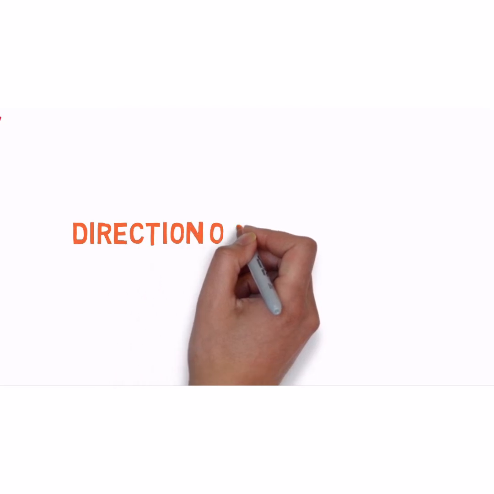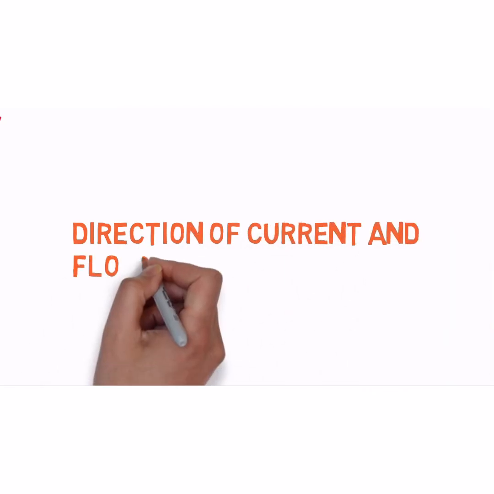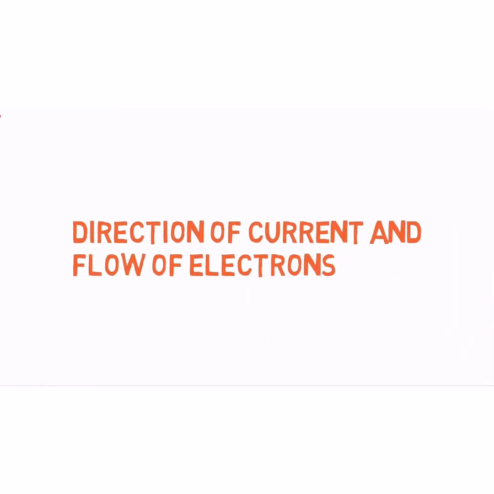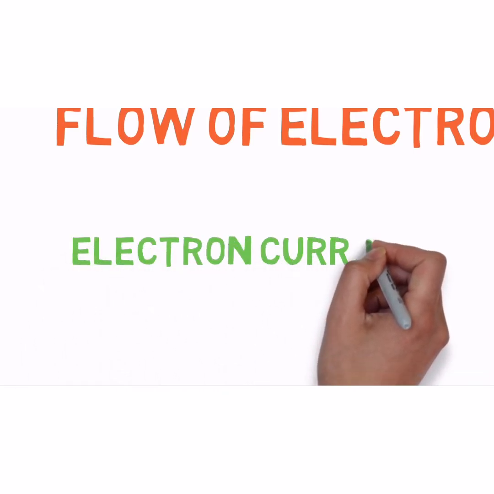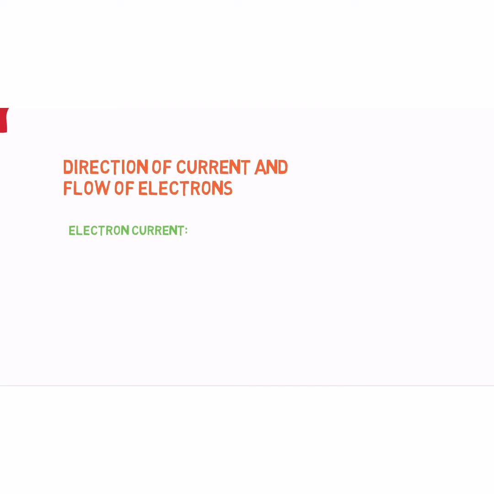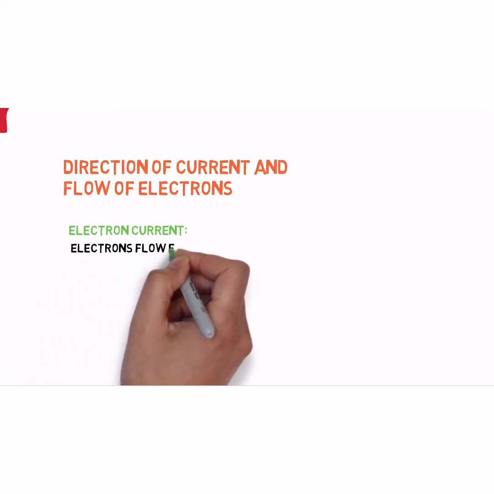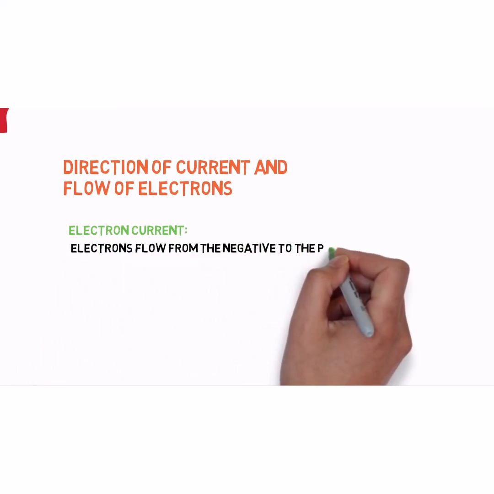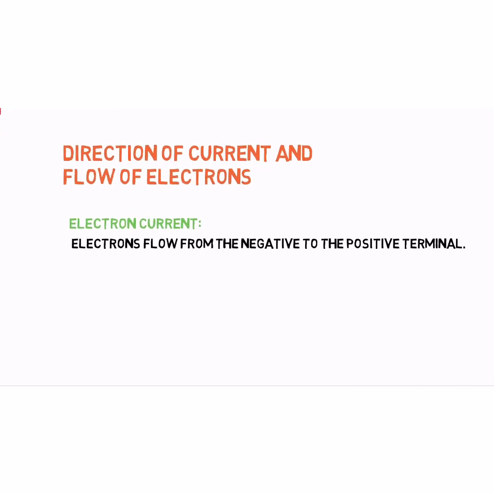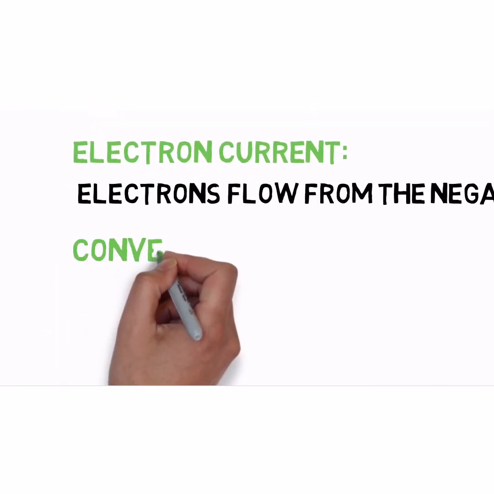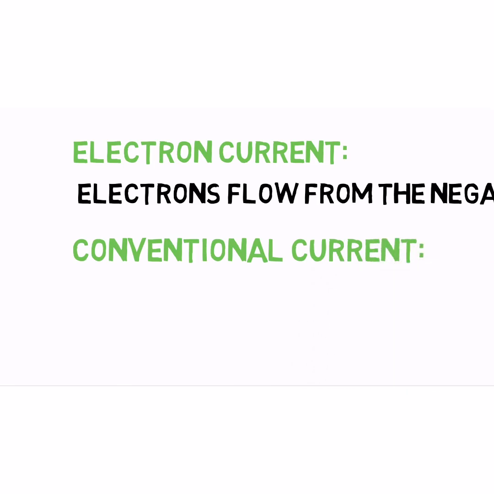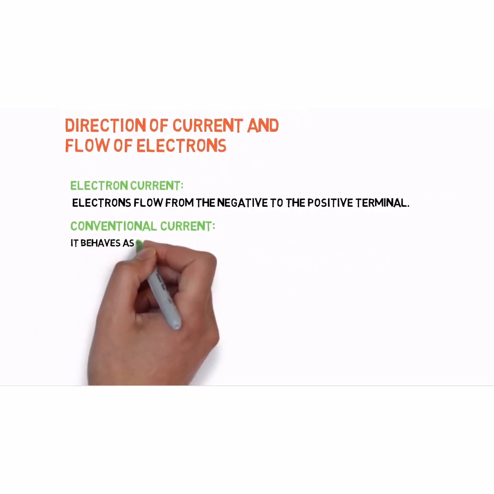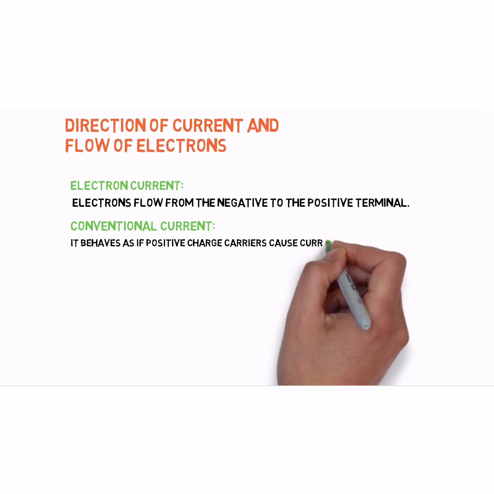Direction of current and flow of electrons. Electron current: electrons flow from the negative to the positive terminal. Conventional current, or simply current, behaves as if positive charge carriers cause current flow.